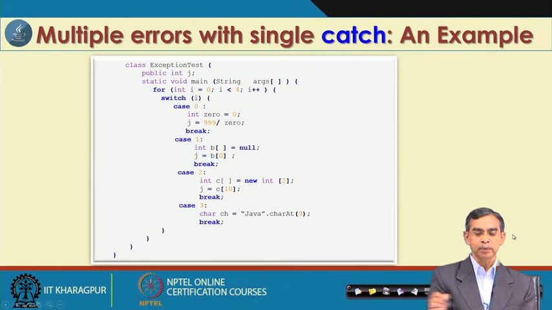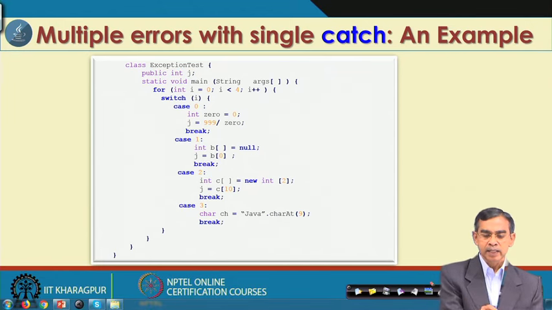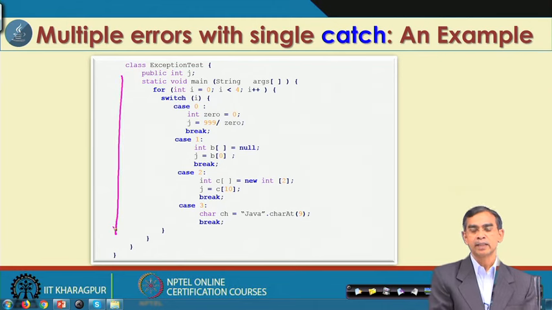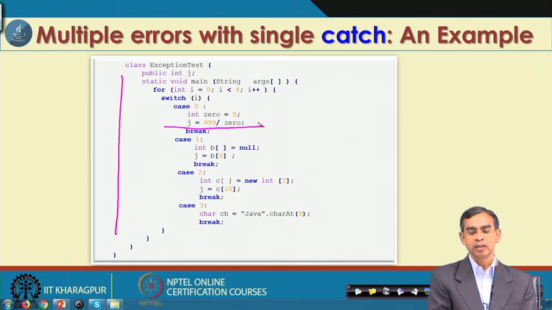Now, here is a very nice example to explain this concept very carefully. This is the main method. Under this main method there are many points where exceptions may occur. Here is one point of exception, divide by 0 error.